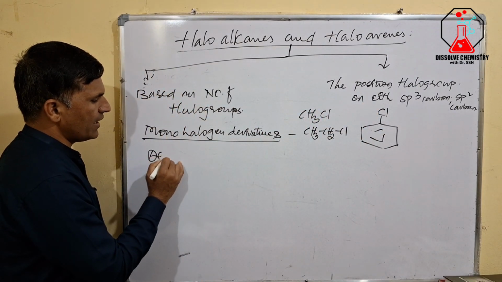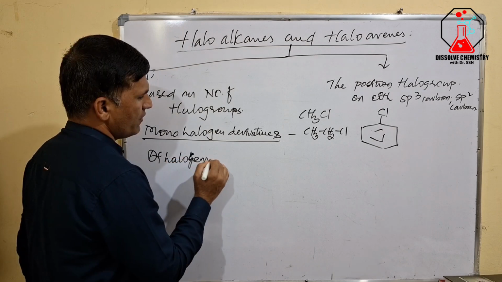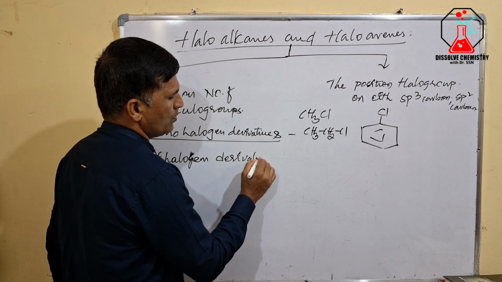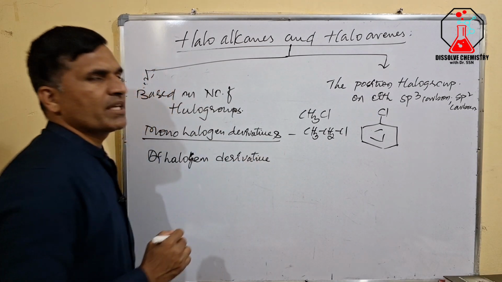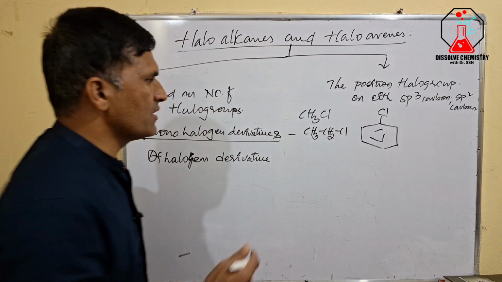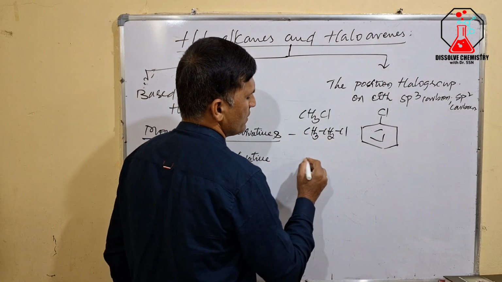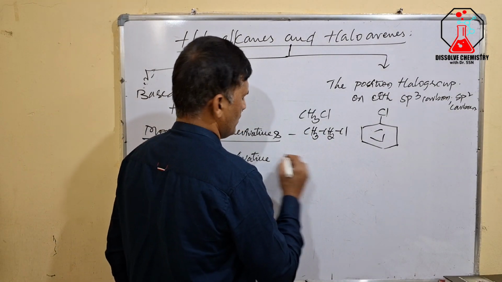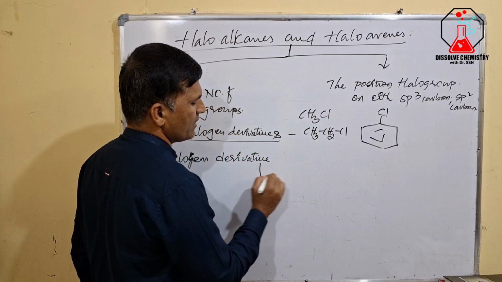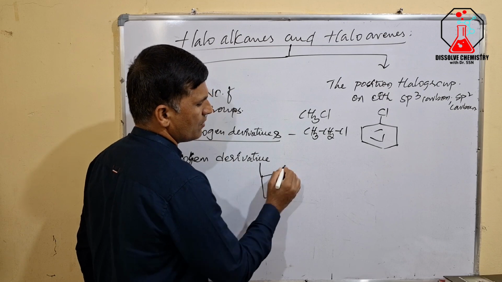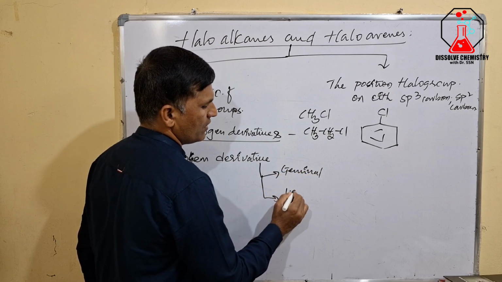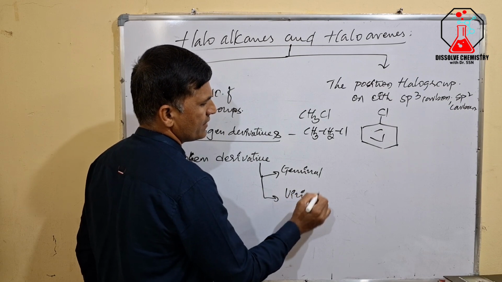The next is dihalogen derivatives. When two hydrogen atoms are replaced with two halo groups, or when two halo groups are present in the given organic compound, it is called a dihalogen derivative. Here again we categorize them into two types: geminal dihalides and vicinal dihalides.